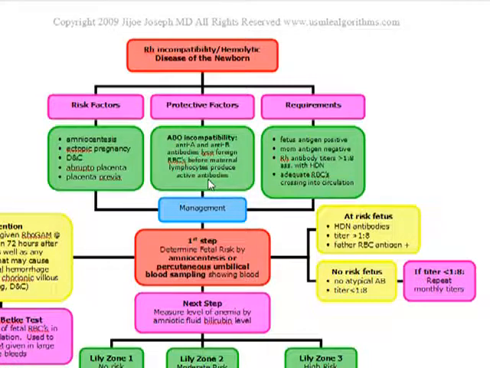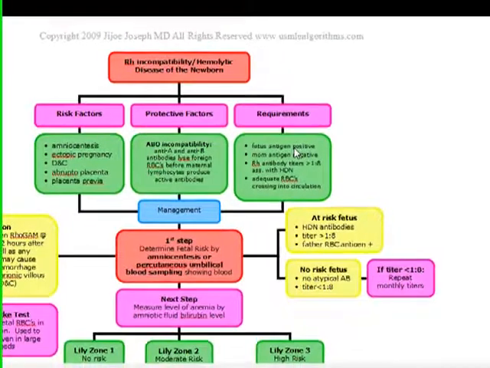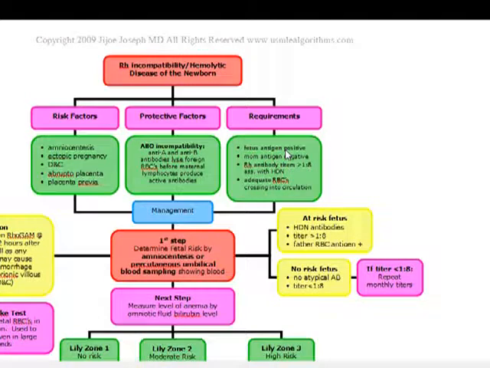Next, we're going to talk about the requirements of isoimmunization, also known as Rh incompatibility. In order to diagnose Rh incompatibility, all of these have to be present. The fetus antigen has to be positive. This means that the father of the pregnancy must also be antigen positive.